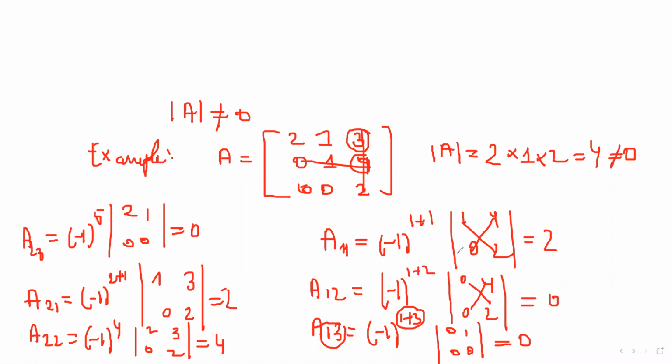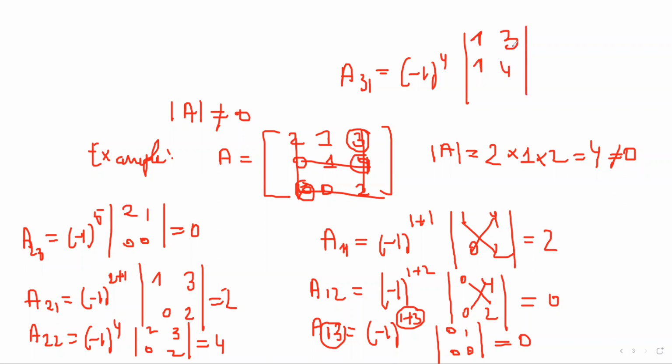Another one, again, we continue with the third row. We are going to get A31, which is minus 1 to the power 4 times the determinant of the remaining elements, since 31 is this element. So you can see clearly that it is going to be 1, 3, 1, 4. So this is going to be 4 minus 3, which is going to be 1.